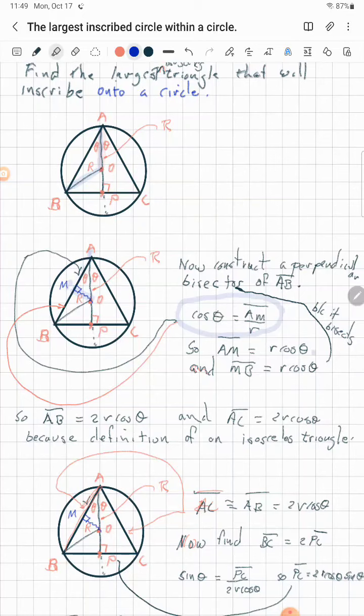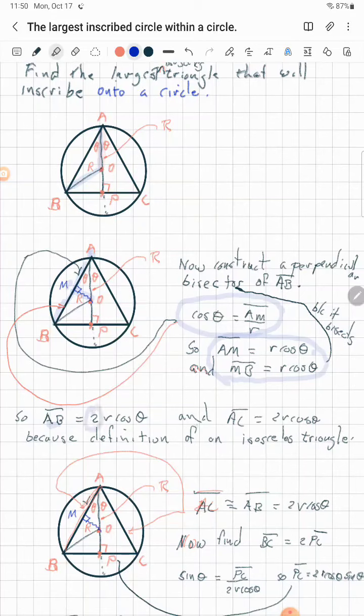But because this is congruent to this side, down here is also equal to MB. You see, MB and AM are both equal to R cosine theta. So if you want to know the distance from A to B, it's just R cosine theta twice.